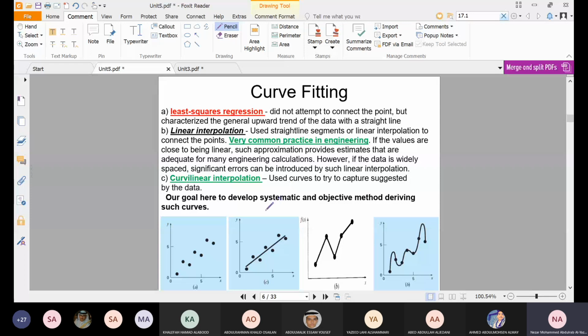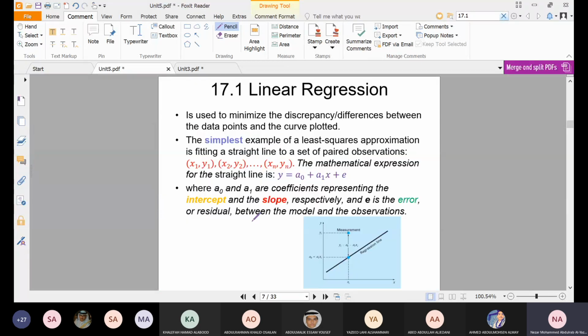That means we want to approximate the function by itself. At the beginning of this chapter, we will start with linear regression, and then we'll talk about nonlinear regression and how we can linearize these types.